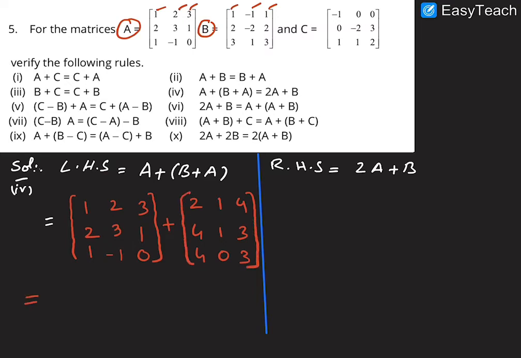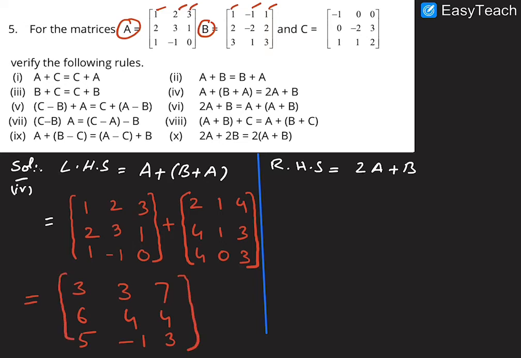So now add these two: 1 plus 2, 3, 2 plus 1 is 3, 3 plus 4, 7, 2 plus 4, 6, 3 plus 1 will be 4, 1 plus 3 is 4, 1, 5, and minus 1 plus 0 is minus 1, 0 plus 3 is 3. This is the answer of the left hand side.